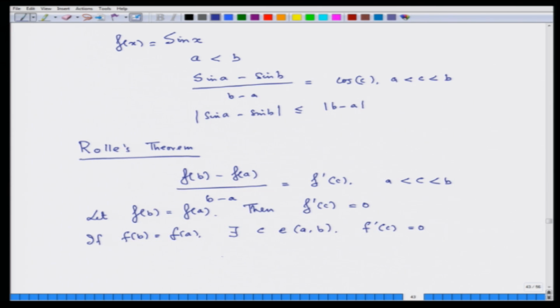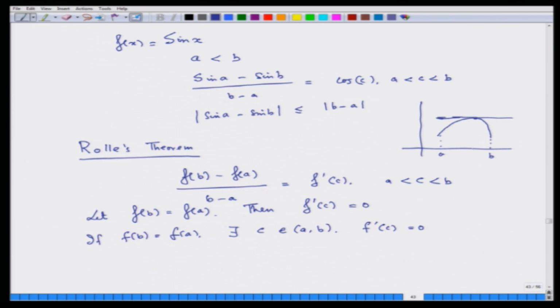For example, look at this diagram explaining Rolle's theorem. So, this is a and this is b, their functional heights are the same, so it is like this for example. Then you see there is always one point here where the tangent is parallel to the x axis, and that is exactly the meaning of f'(x) equal to 0, which we had not told about in the last lecture.